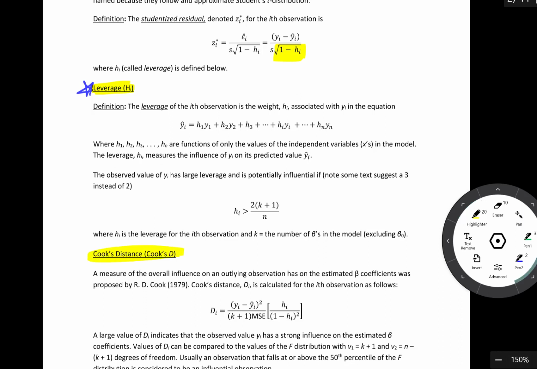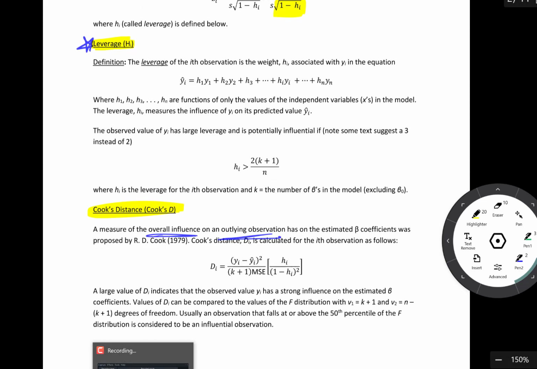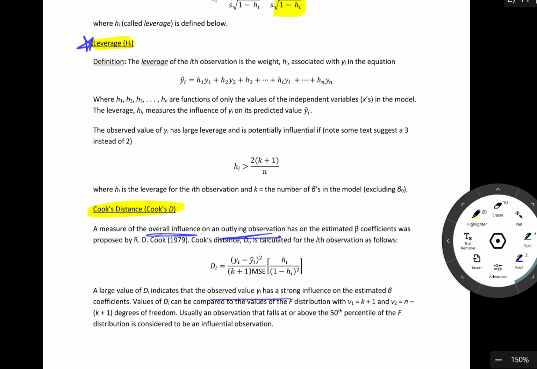So Cook's distance will actually help us look at a measure of overall influence of the outlying observation. So we do need to first see if it is an outlier. And so a large value of Cook's D is going to indicate that the observed value has a strong influence. Now we're not going to use Cook's D by itself to determine influence. We're also going to look at some of those other things that we talked about earlier. But just keep that in mind.